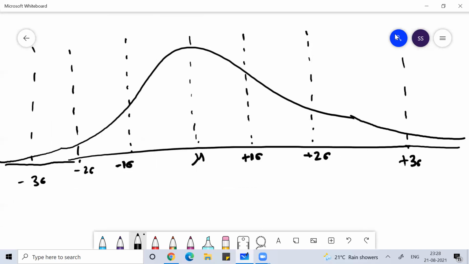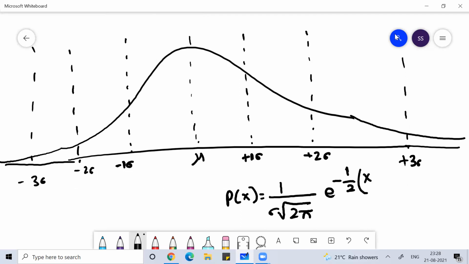I'll not go much into the theoretical part. You can study that by yourself. The probability formula under the normal distribution curve is 1 by sigma under root 2 pi, e to the power minus 1 by 2, (x minus mu by sigma) whole square. This formula is not so important, except for those who prepare for CA Foundation or are doing BSc mathematics or BCA, where the interpretation of this formula makes some sense.